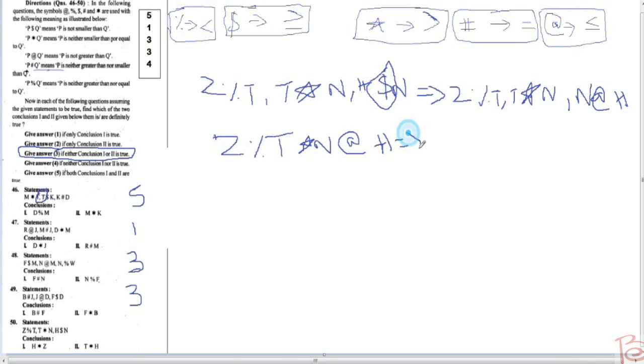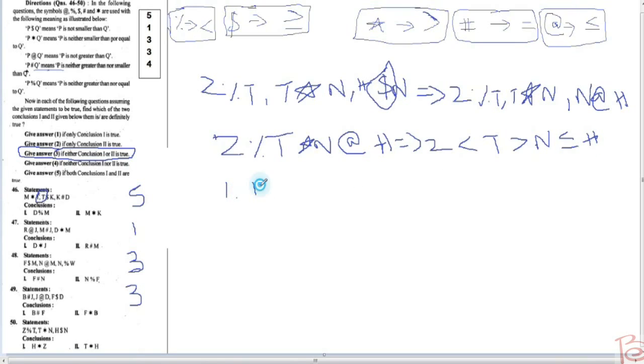So now I'm going to replace these symbols with their respective sign. That is, instead of percentage, I can write it as smaller than t, and for star I can write it as greater, t greater than n. For at I can write it as smaller than or equal to h.